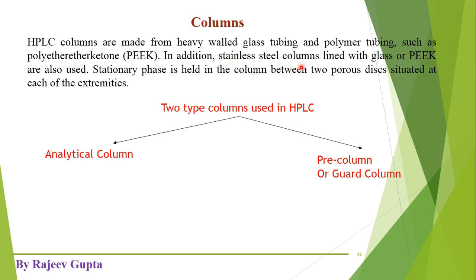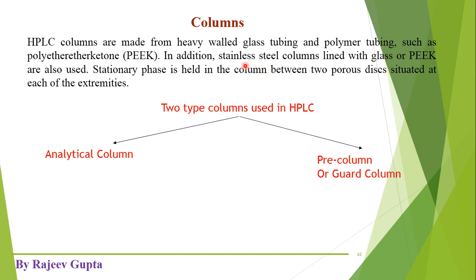In addition, stainless steel columns lined with glass or PEEK could also be used. These columns could be made of stainless steel, where the inner lining, or inner wall of the column, is coated with glass or PEEK. This glass or PEEK material provides an inert surface to these columns, because stainless steel is not that inert.